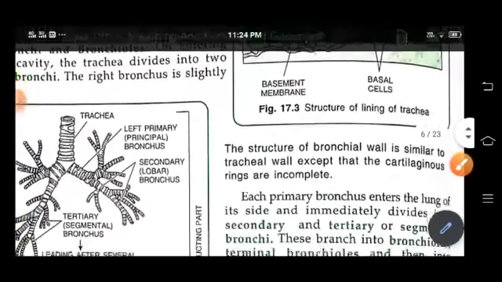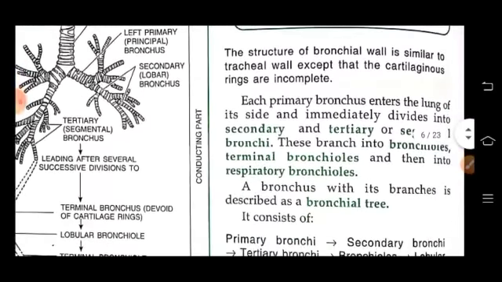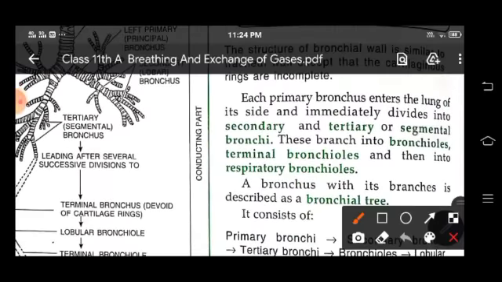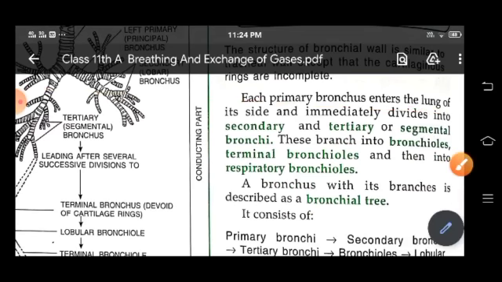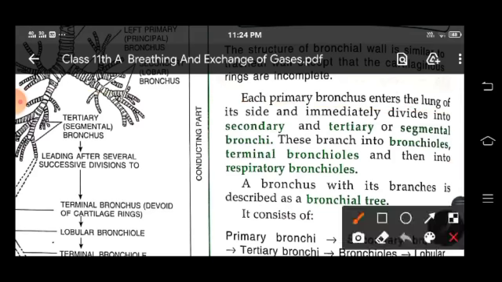So now this primary bronchus enters the lung of its side and immediately divides into secondary and tertiary or segmental bronchi. Now these branch into bronchioles, terminal bronchioles, and then into respiratory bronchioles.